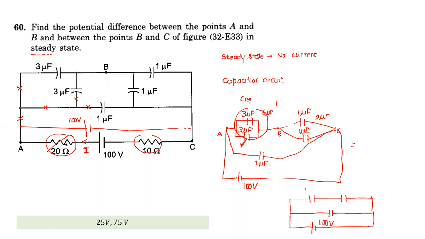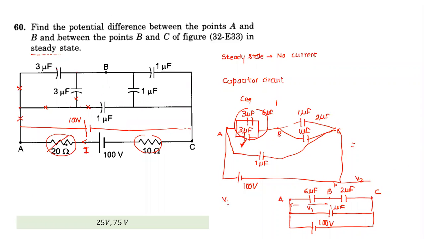Three and 3 become 6 microfarad, and 1 becomes 2 microfarad. This one is 1 microfarad, and this point is A, this point is B, and this point is C. This voltage is V1 and this is V2. In case of capacitors, voltage is inversely proportional.